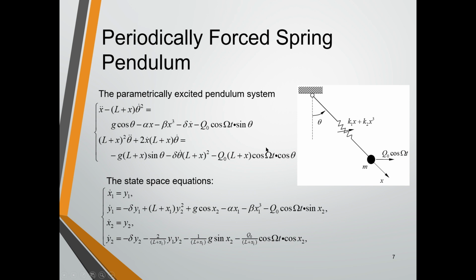So let's look at a periodically forced spring pendulum. The pendulum system is shown in this figure, and the equation of motion is shown in these two equations. We can rewrite these differential equations into a state space form.